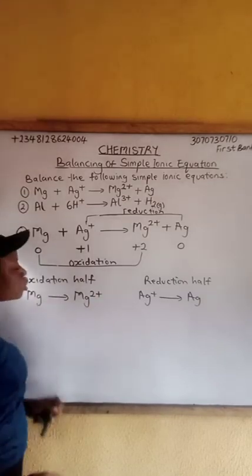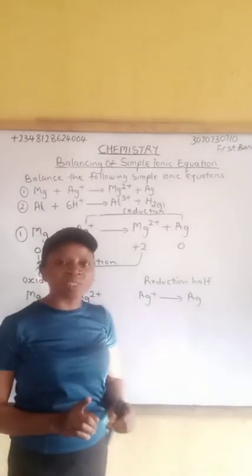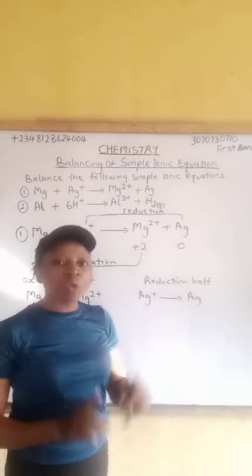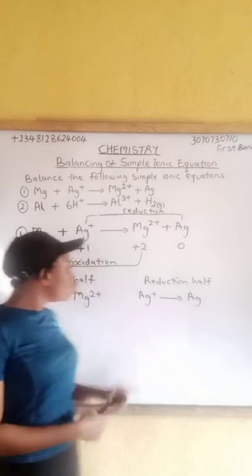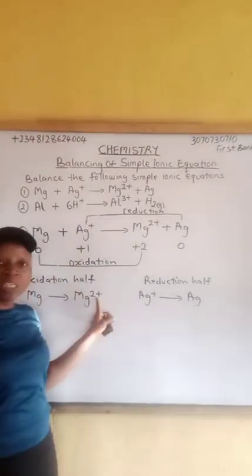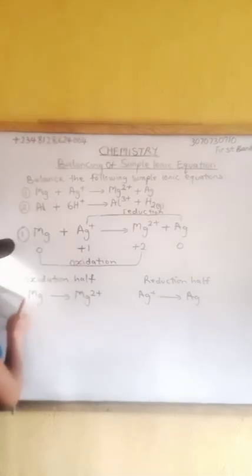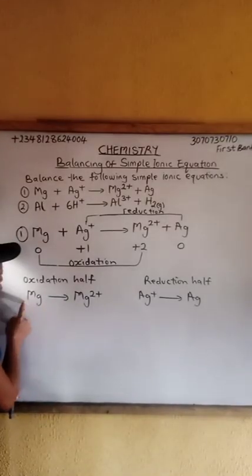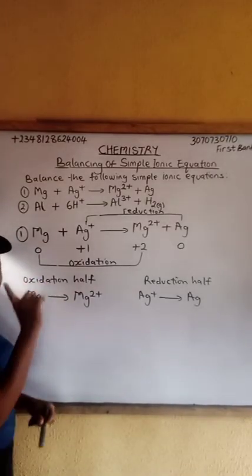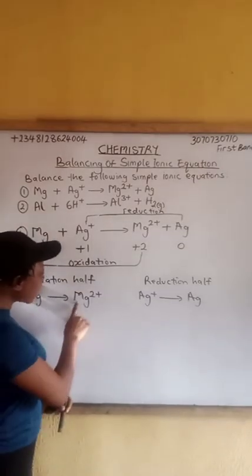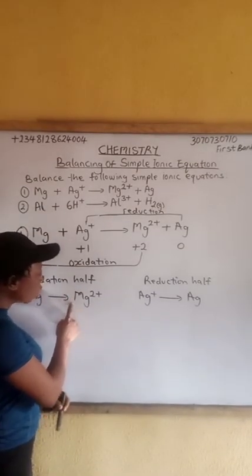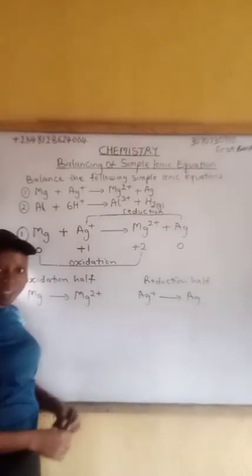The charge on it has nothing to do with the number of atoms. When you are counting the number of atoms, you don't count the charge. So the coefficient of this Mg is 1. It shows that we have 1 Mg at this side.